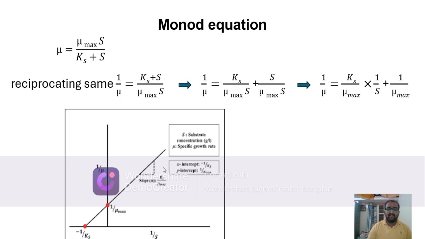After extracting the slope, we can calculate mu max from the y-intercept, and Ks we can calculate using the slope as well as the x-intercept. So this equation is very important in determining the maximum growth rate of yeast or bacteria, and similarly this equation also applies in enzyme kinetics.